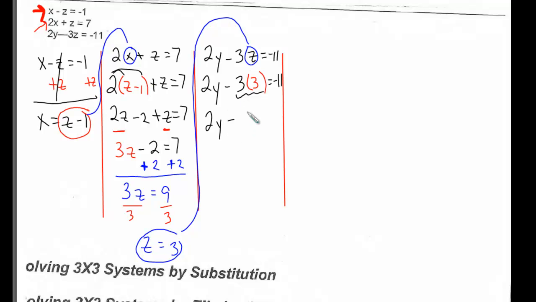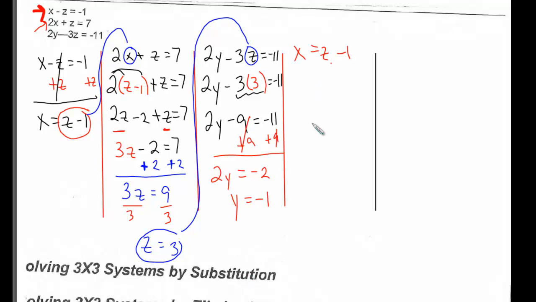Simplifying, we get 2y minus 9 equals negative 11. Adding 9 to both sides gives us 2y is equal to negative 2. So y is equal to negative 1. I could solve for x by substituting 3 into z in the first equation, and x is equal to 2.